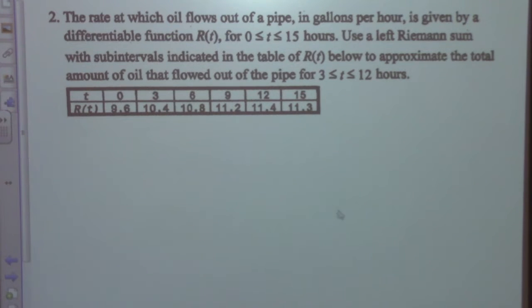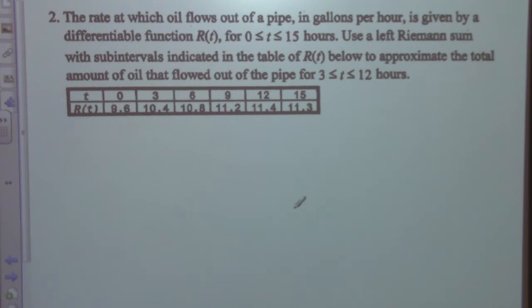So anyway, yes, we have a rate, and what do we need to do to eliminate the rate? We need to integrate. So now, use a left Riemann sum with subintervals indicated in the table of R(t) below. And here we have these subintervals.